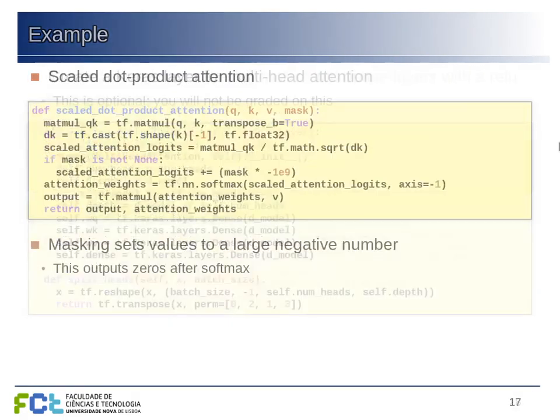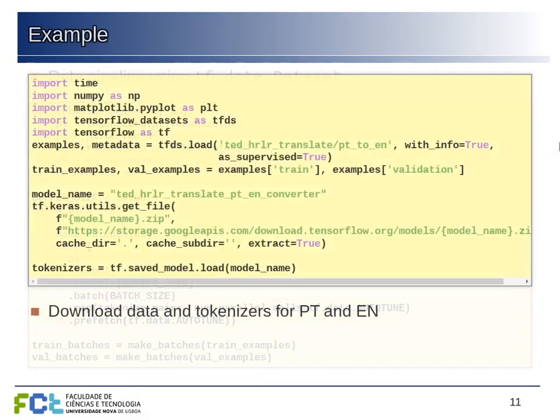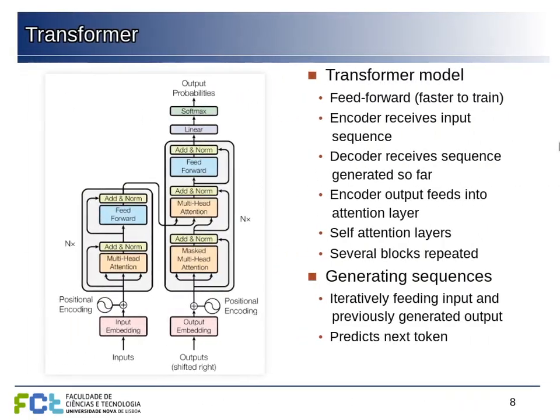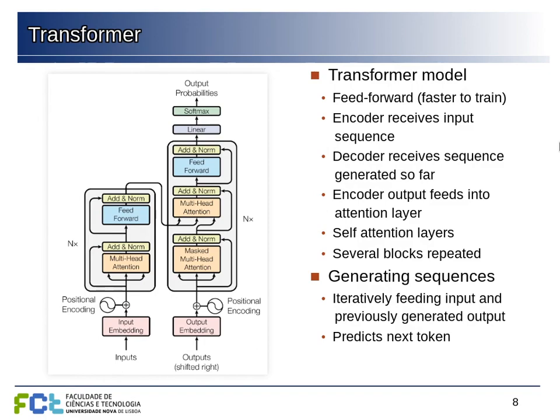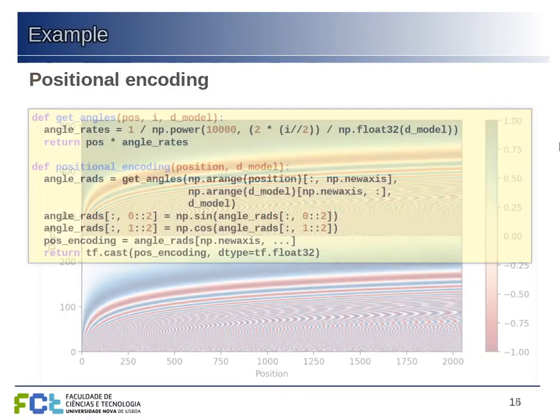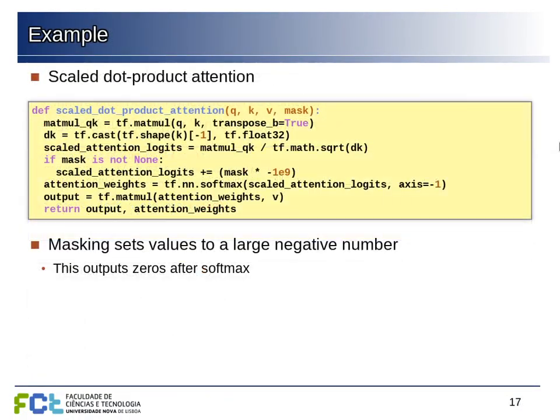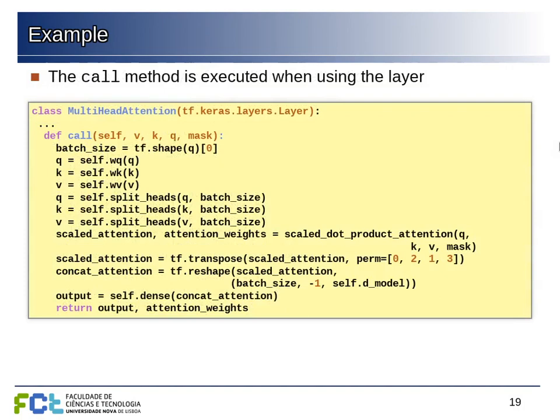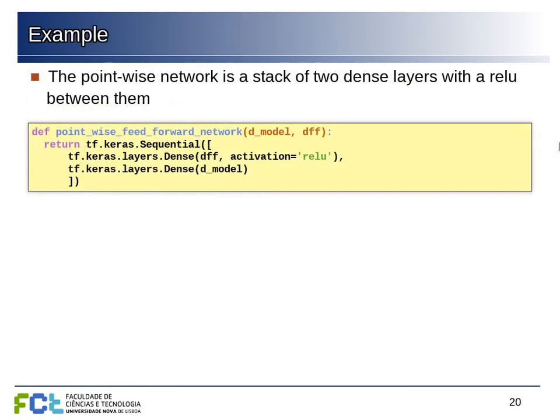Now there is this part here, this special dense layer that I mentioned here. This is called a pointwise dense layer or a position-wise dense layer because it's going to receive a matrix that has one vector for each word, but has all the words in the sentence.